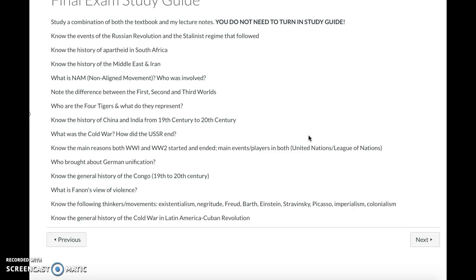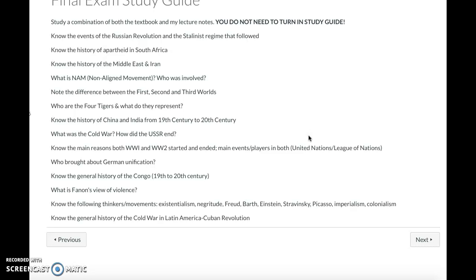You'll need to know Trotsky, who's also connected. And then finally, you'll need to know about Stalin, who eventually becomes a dictator of the Soviet Union till after World War II is even over. And then the way that Stalinism or the communism was trying to be spread in the beginning of the Cold War.